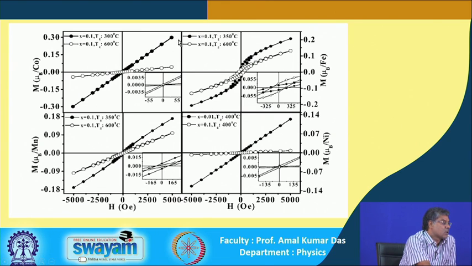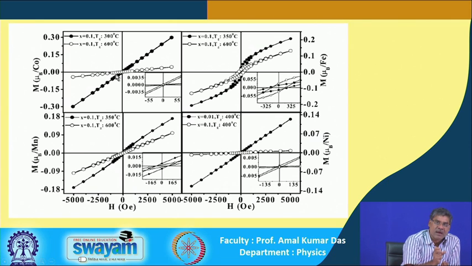So, this information we want to know from this graph, but in all cases the problem is that it looks like it is not a hysteresis loop, it is just a line. That is because of this scale; the range of this field is huge, and because of that all data are squeezed.